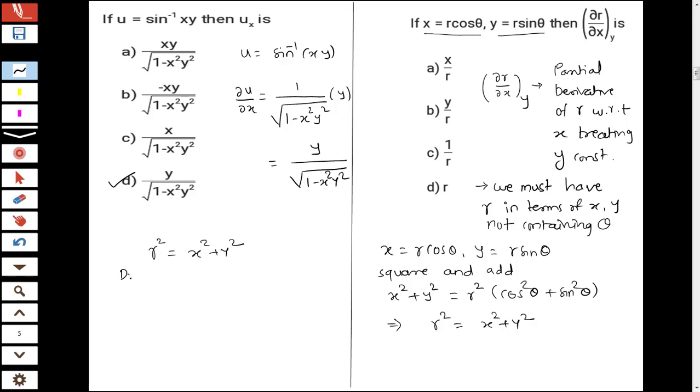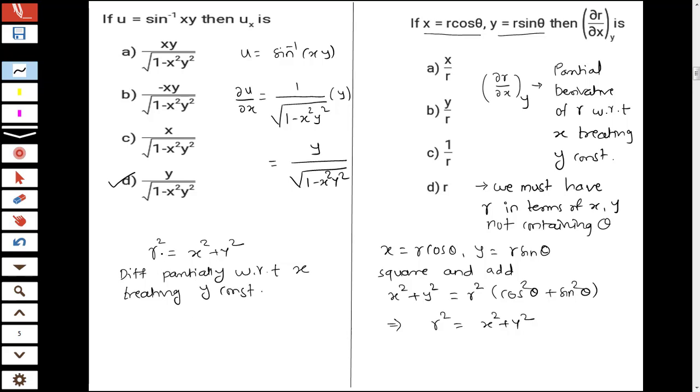Now differentiate this partially with respect to x, and treating, obviously as per the requirement, y constant.